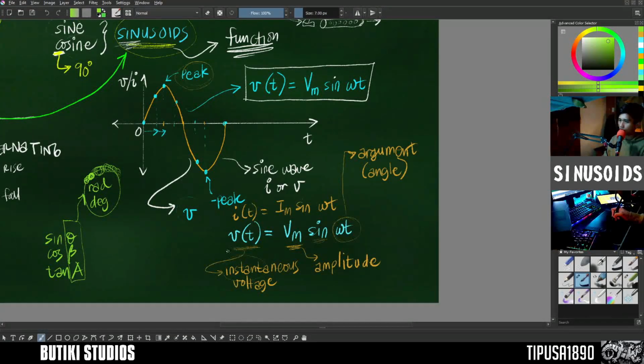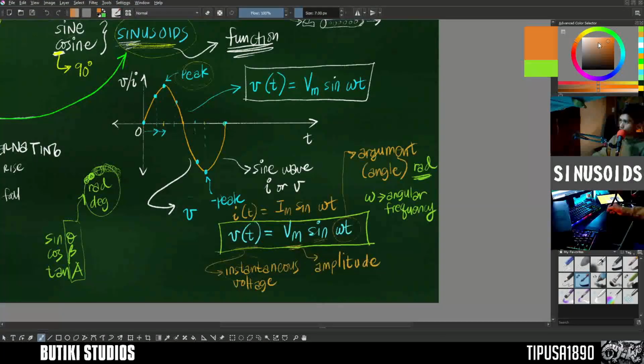But for our formula here, para sa sine wave, ang atong omega t, ang unit niini is in radians. Naka-radian na siya. So nakita nato nga omega t, ang omega diha, that is your angular frequency.